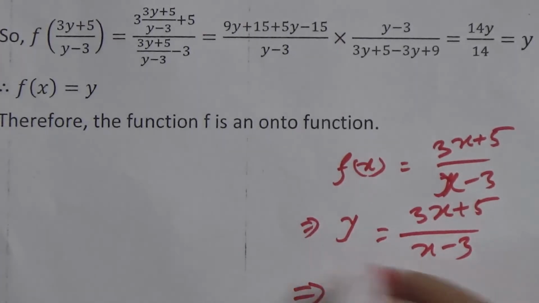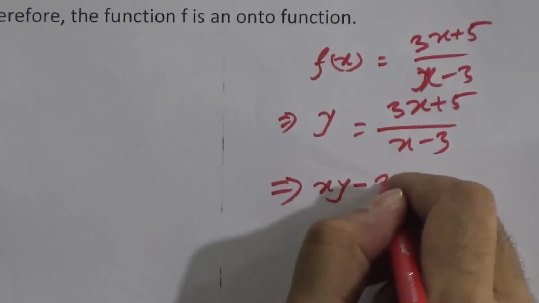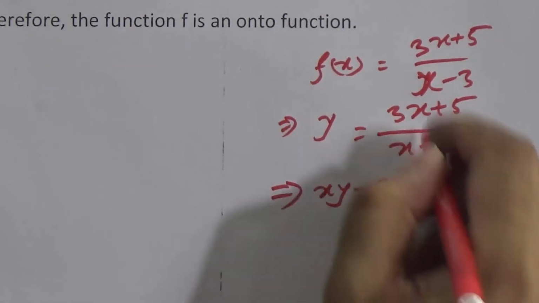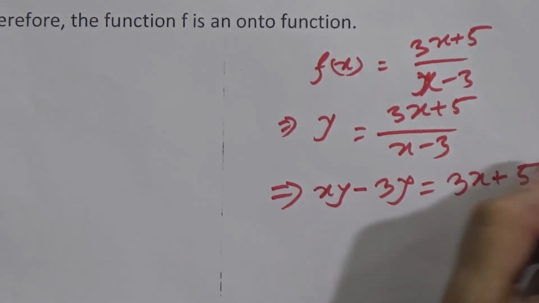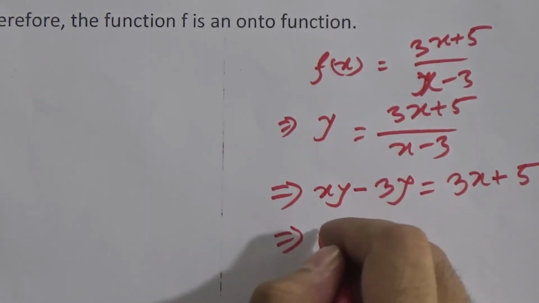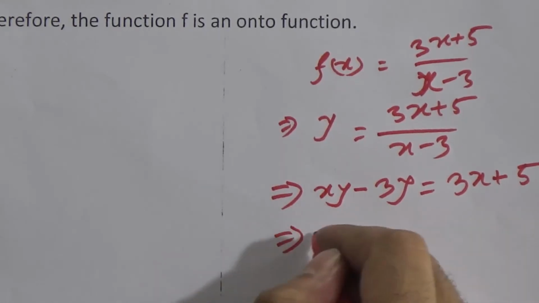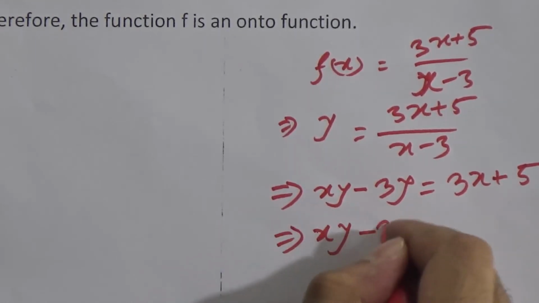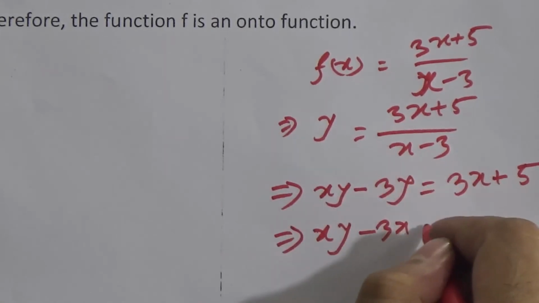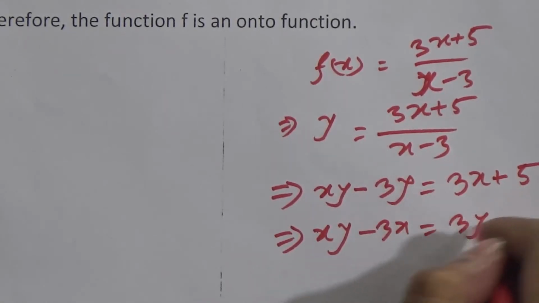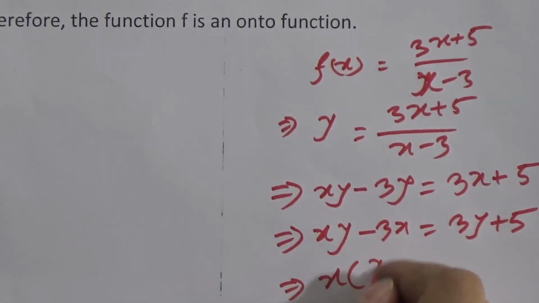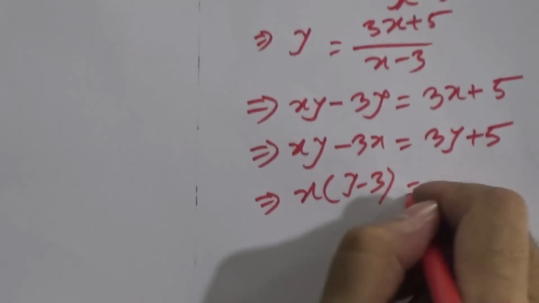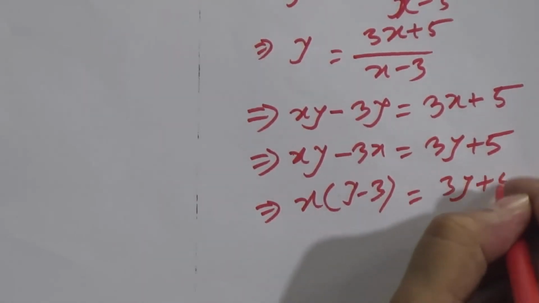You will get xy minus 3y equal to 3x plus 5. Then take x on the left side: xy minus 3x equal to 3y plus 5. Then take x common: x(y minus 3) equal to 3y plus 5.